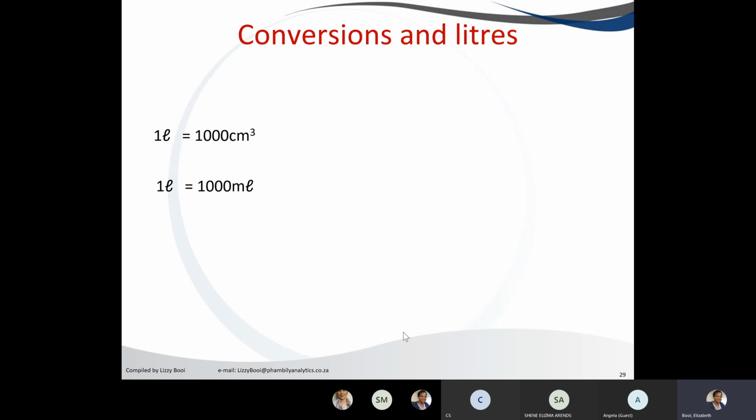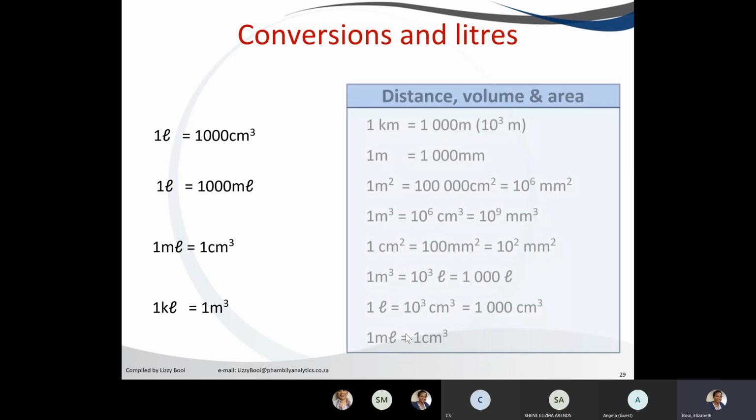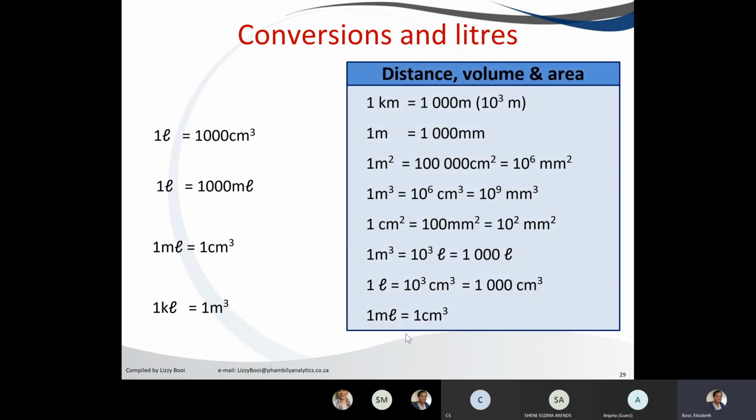Therefore, it means 1 milliliter is the same as 1 centimeter cubed. Then you also need to know that 1 kiloliter is the same as 1 meter cubed. In your study guide for QMI or BNU, they do give you some of these conversions as well. So you will need to look at them closely so that you can see what they mean.